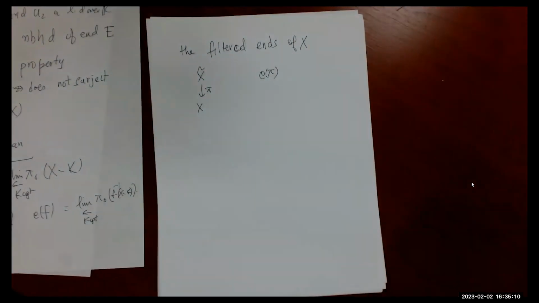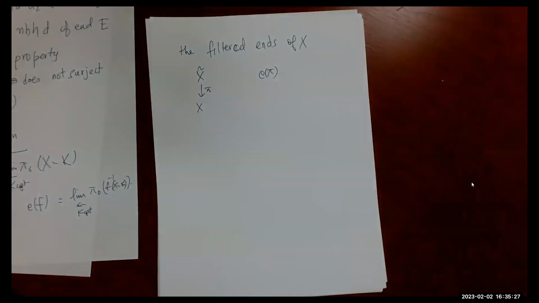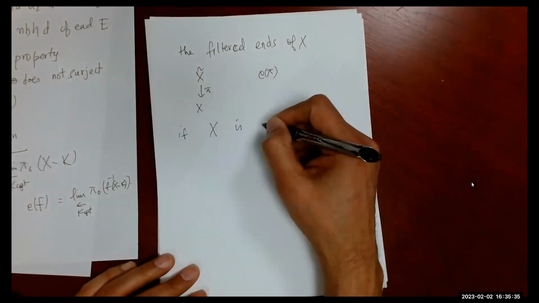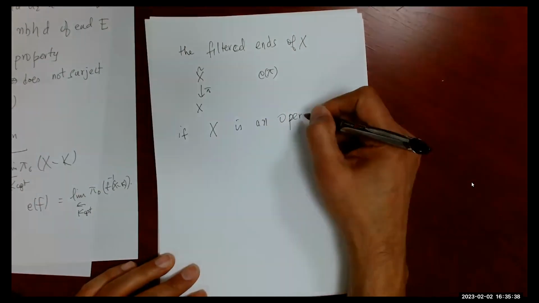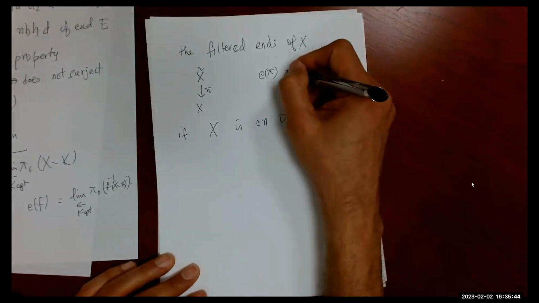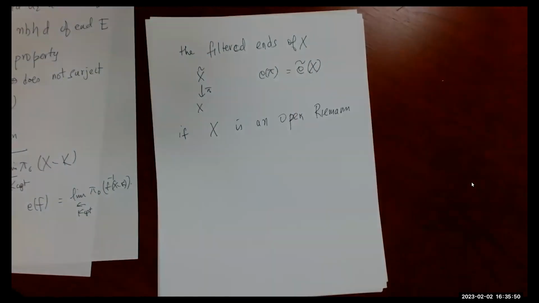That means you look for compact subsets of X whose complement has no relatively compact components, and then you take the pre-image of those things upstairs and then keep doing it. We will denote this by E twiddle of X. So in particular, you can have something with one end with many filtered ends.